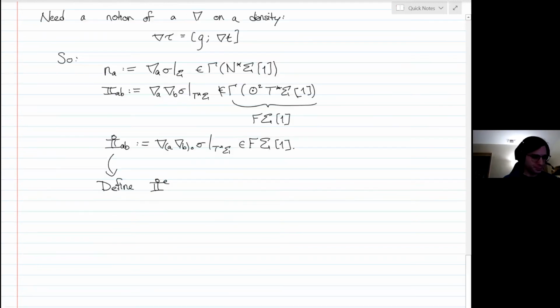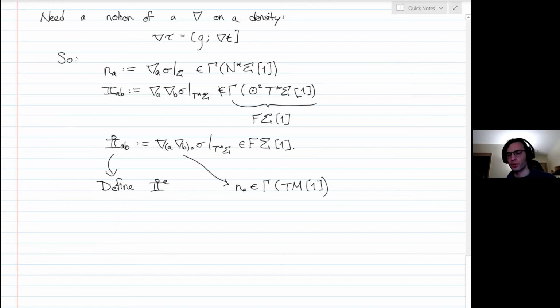Just as a quick note, there's good reason to understand why this thing is not going to be conformally invariant in the bulk. You can't just take the trace-free Hessian of sigma and expect that to be conformally invariant. The reason for that is that the conormal, when not restricted to the boundary sigma, is not a density.